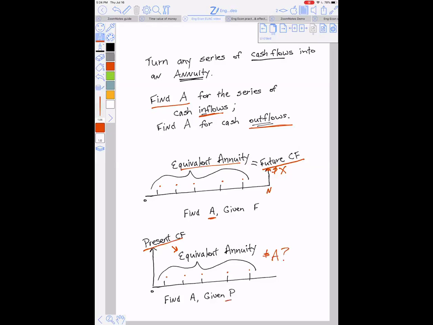So that would be find A given P, right? And on both of these two cash flow diagrams, I've drawn them as inflows, but it works exactly the same for cash outflows. Find A given F, find A given P. The inflows or the outflows, same procedure, doesn't matter.